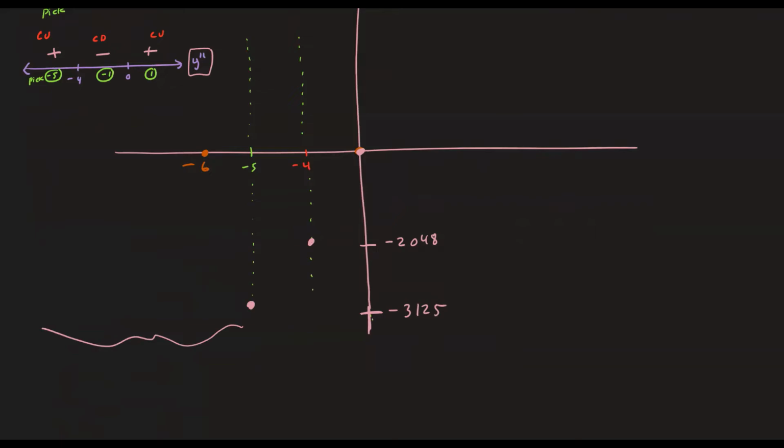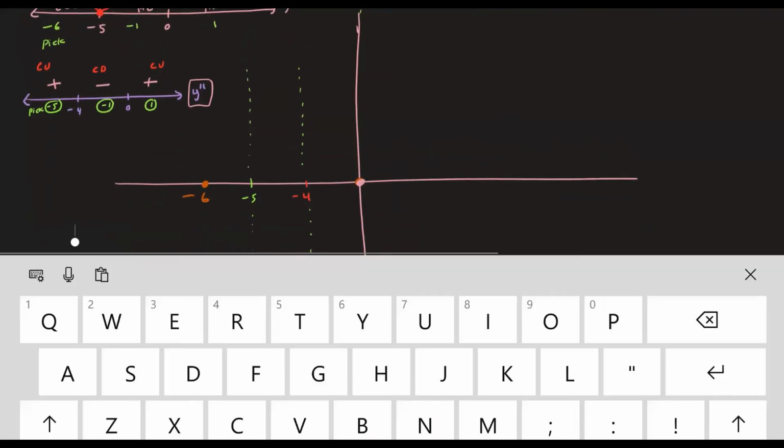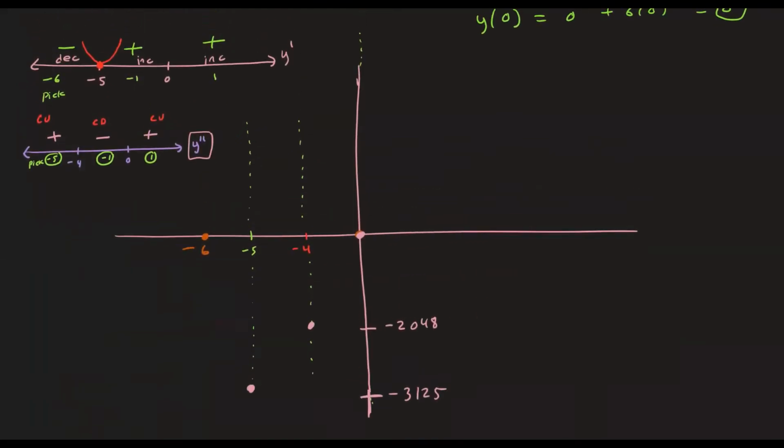Now, because it's also concave up, we want to fill that in as much as we can. So I will start drawing now. I'm decreasing and concave down. It looks like I'm hitting the y-axis, concave up, and then I hit my local minimum, still concave down. I start to change concavity right here at -4, -2048.